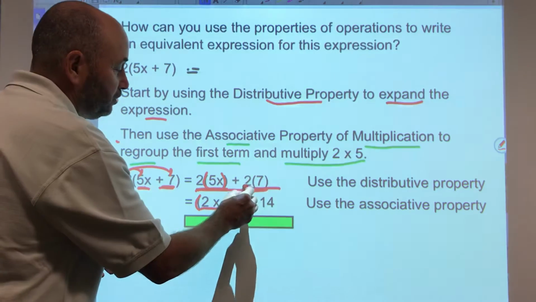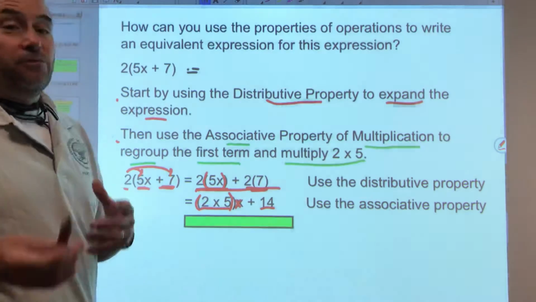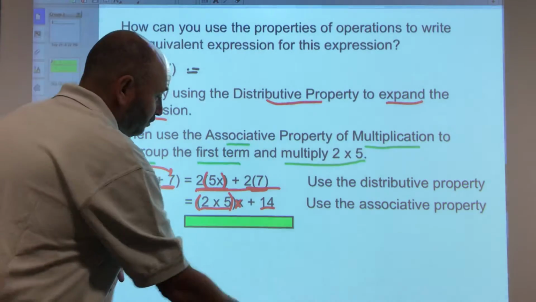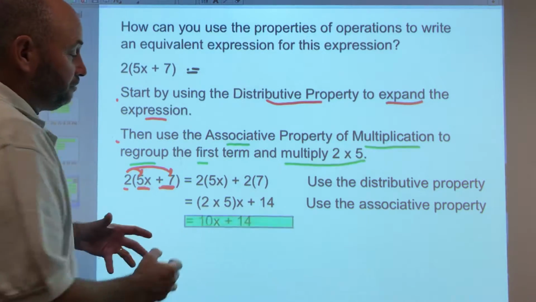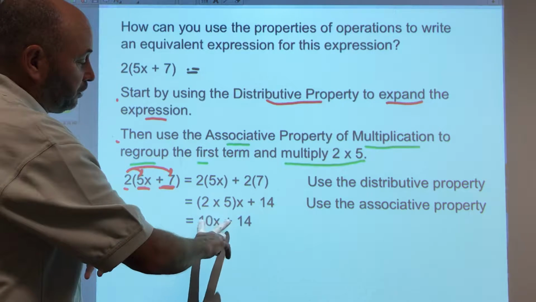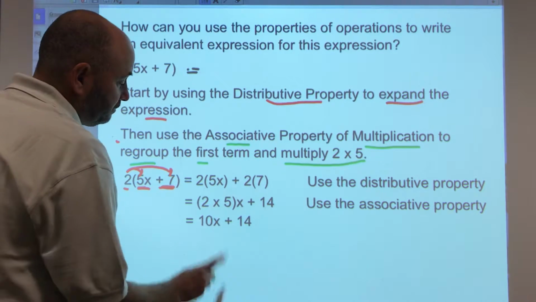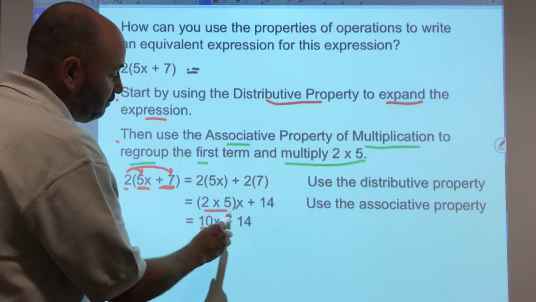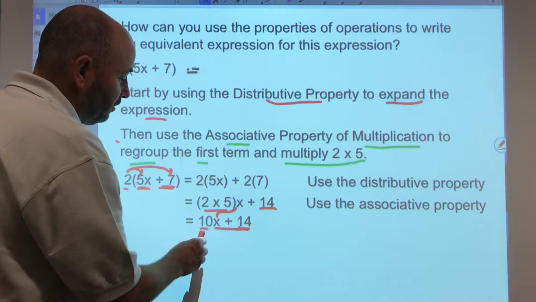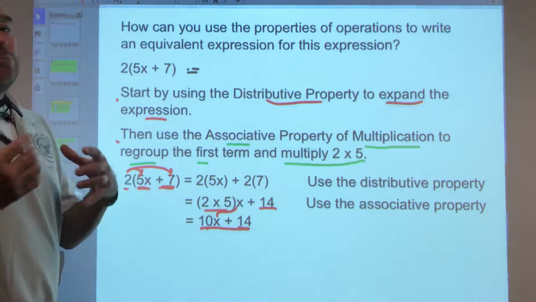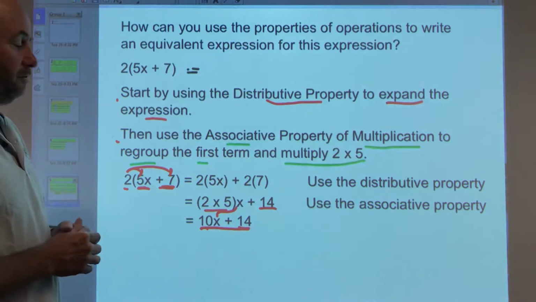And then we're going to take 2 times 7 and get 14. So it's almost like we're making it simpler. And then we're going to take it even farther, and what we're going to do is 2 times 5 will give us 10, and we'll bring down the x, and then the 14 stands alone. So there we have proof that it is an equivalent expression.